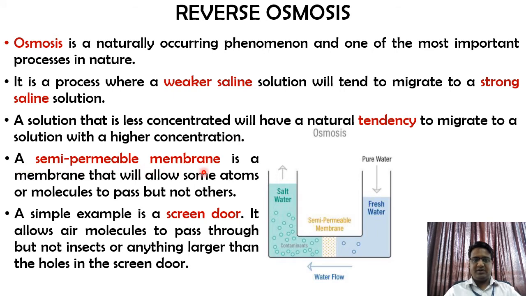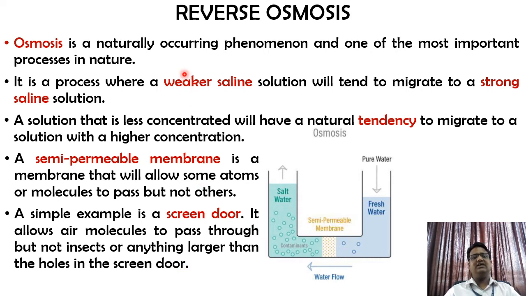A semi-permeable membrane is a membrane that will allow some atoms or molecules to pass through but not others. For example, a screen door. It allows air molecules to pass through but not insects or anything larger than the holes of the screen door.